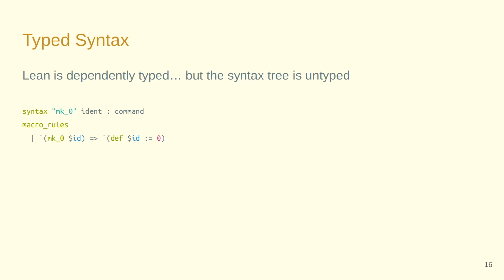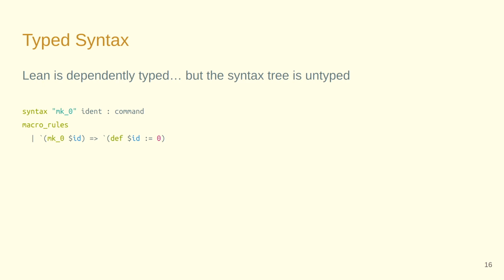So if we write down a simple macro like this, it can lead to some issues. So what's happening here? We have a syntax and a macro to go with that. The macro takes a single identifier and turns that into a new definition of that name evaluating to 0. Okay, that's easy. But it turns out it is subtly wrong.